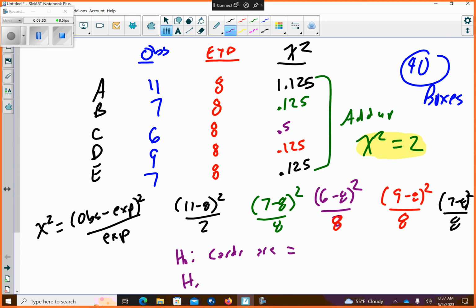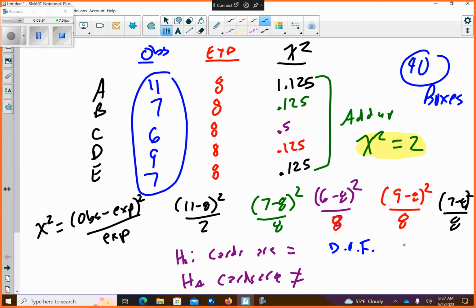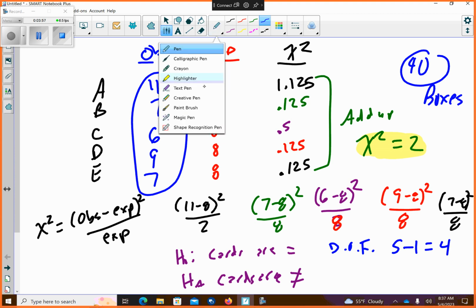Our alternative, cards are not equal, as far as being distributed. Then we'd have to look for our degrees of freedom, and in this case it's based off this. So we have 5 outcomes minus 1. So our degrees of freedom is going to be 4. That's another thing I'm going to plug in.